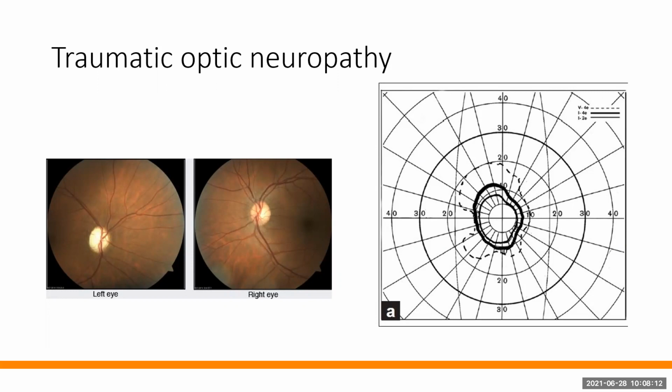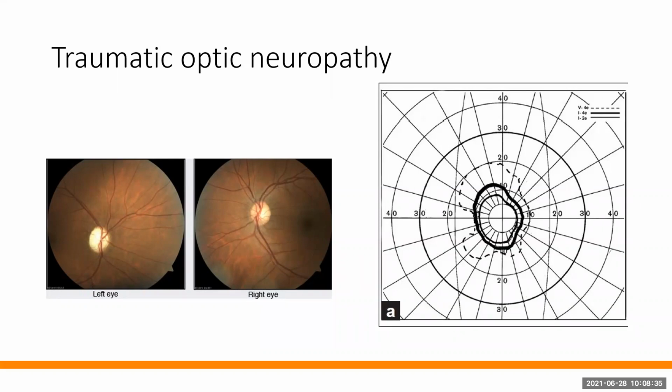The final condition I'm going to be talking about is traumatic optic neuropathy. This is where injury to the eye or the brain causes injury to the optic nerve. And what we can see here is some relatively pale optic nerves. They normally have a pinker color than that, as you may have seen in the previous photos.